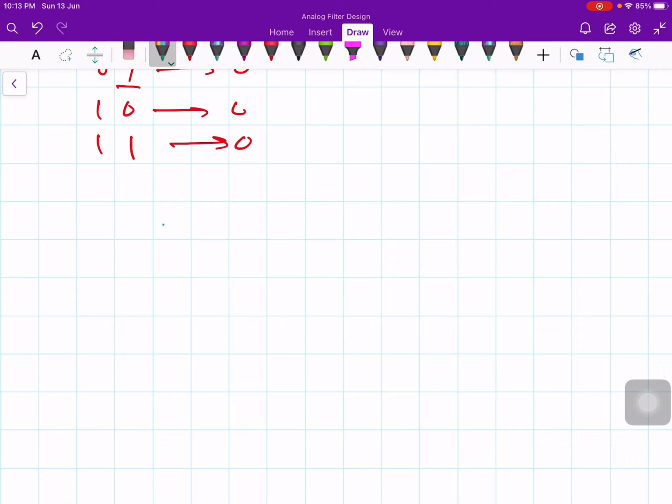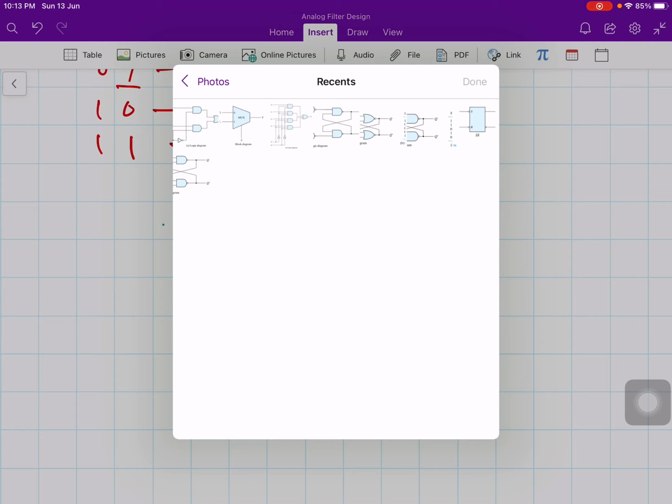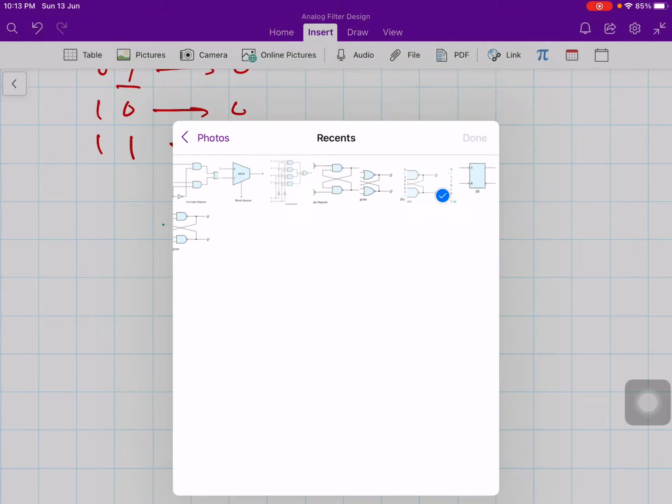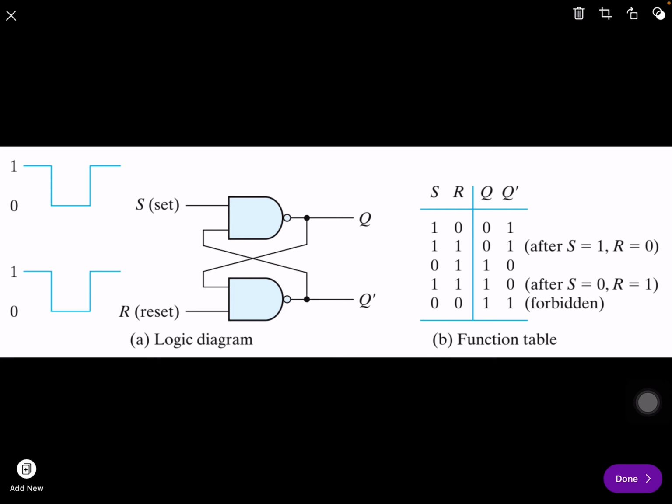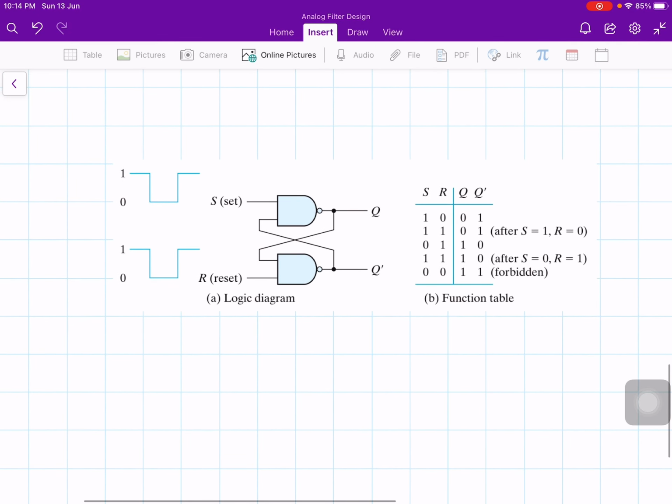Draw. Insert pictures. I think this one. Done. Yes, wonderful. Now again a slight modification we need to do here.